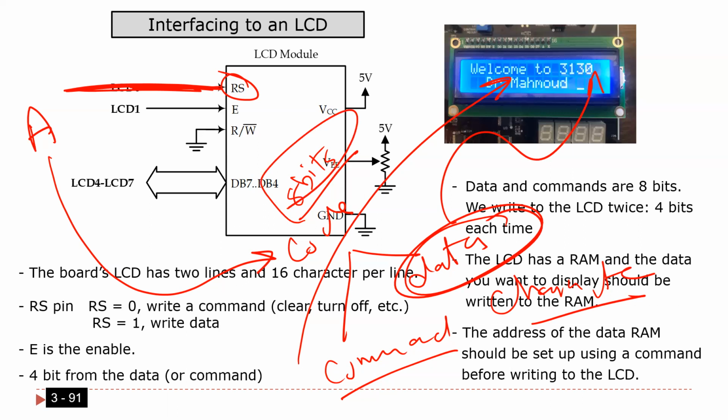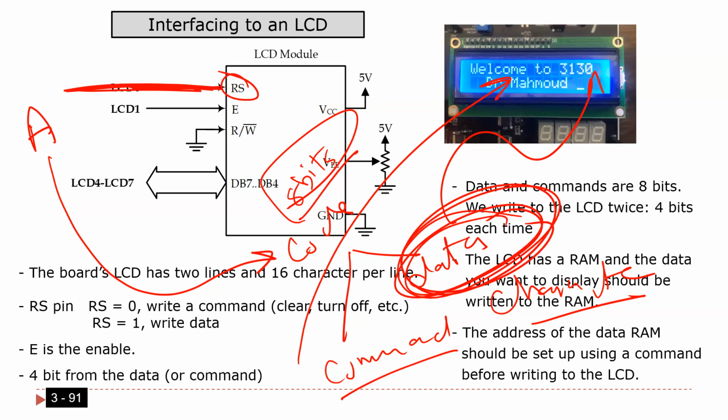If it is a command, I'm going to teach some codes for commands. But first tell me, what do you mean by command? Again, what I'm saying is, what you send to the LCD is either a character to display, which I'm calling data, or a command to the LCD.